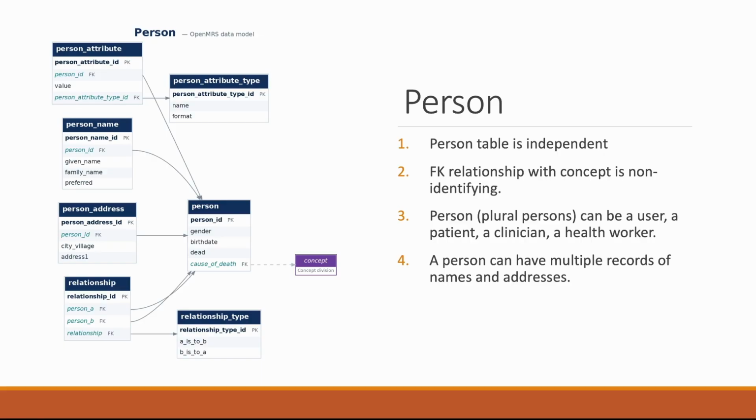OpenMRS is very dynamic in the sense that it is an international system, right? And it is not uncommon in some countries for people to change their names. So let's say, for example, someone is a Jew and he later reverts to Islam, becomes Muslim, the name's going to change, right?